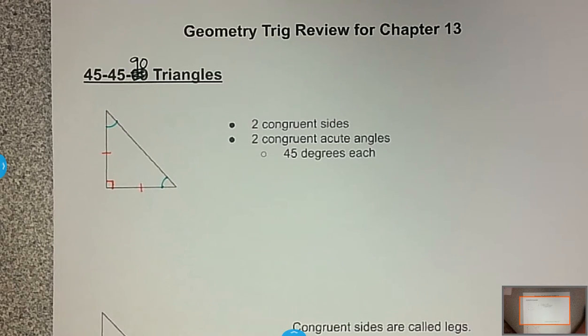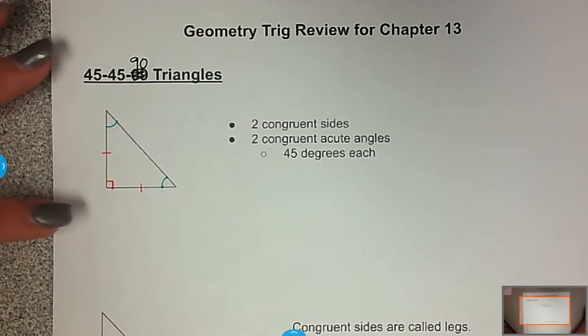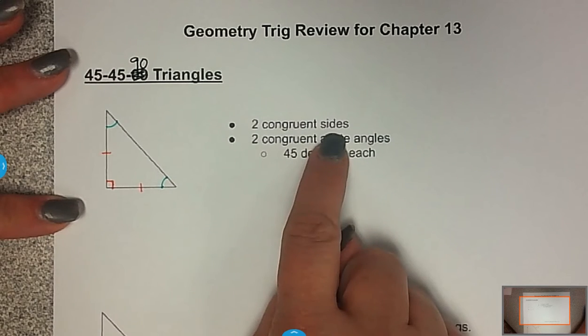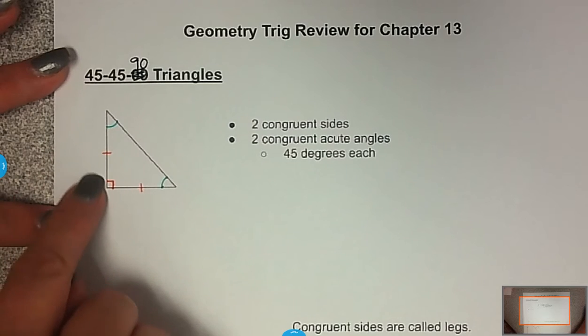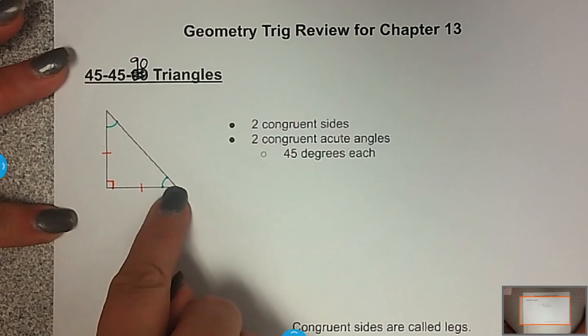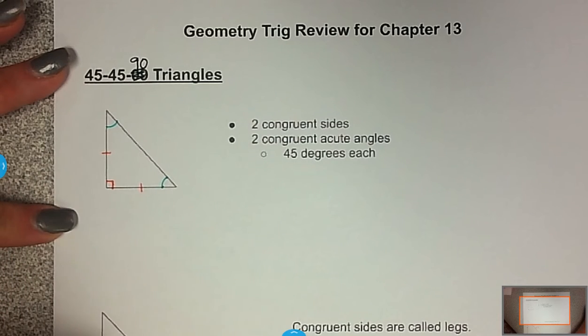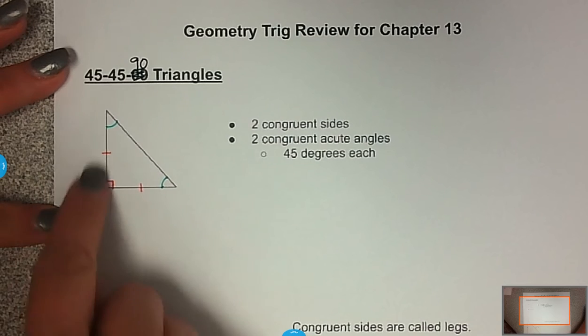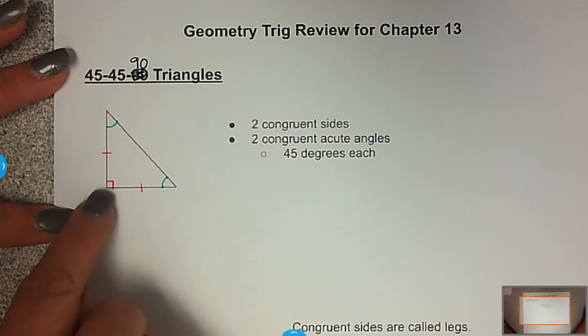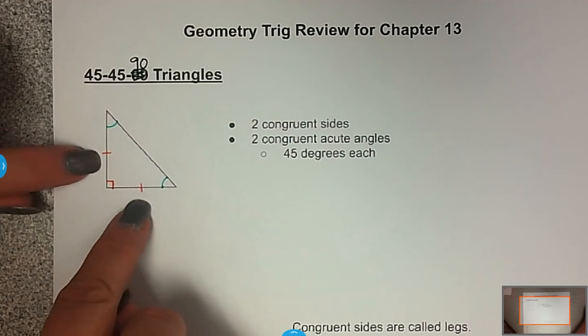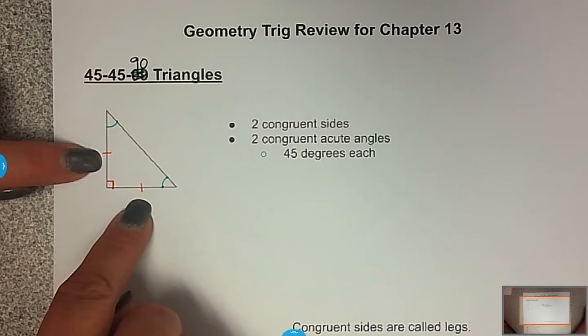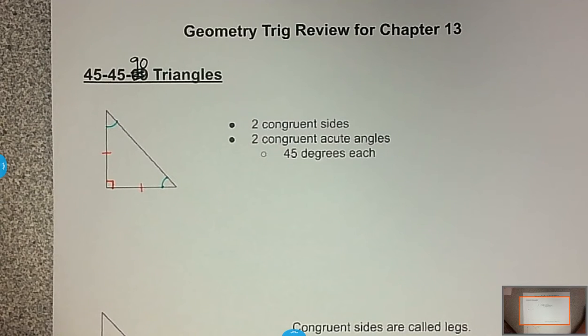So for a 45, 45, 90 triangle, a couple things you need to know. It has two congruent sides, which means it is actually an isosceles right triangle. So sometimes they won't show you that it's 45, 45, and 90, but they'll show you the 90 and the two congruent sides, and you're supposed to know that that is a 45, 45, 90 triangle.